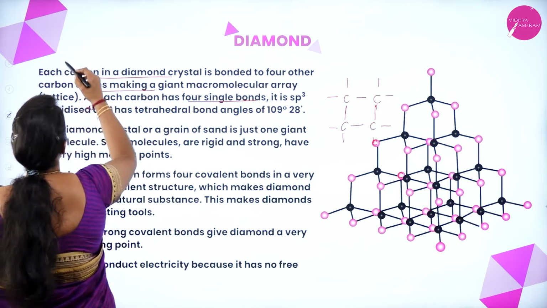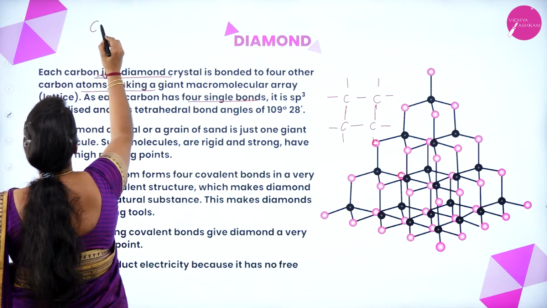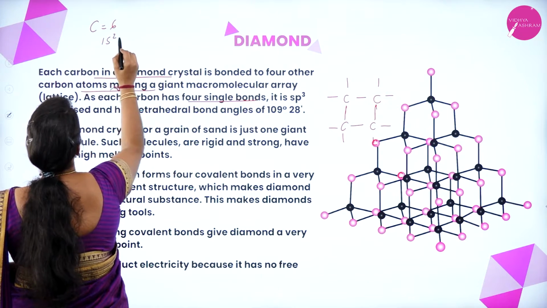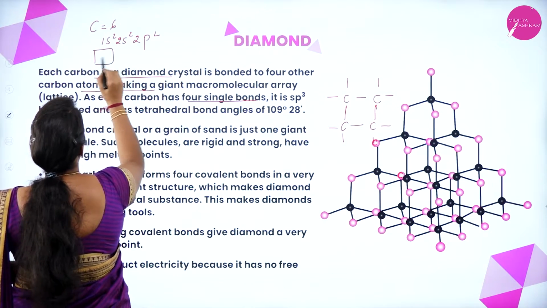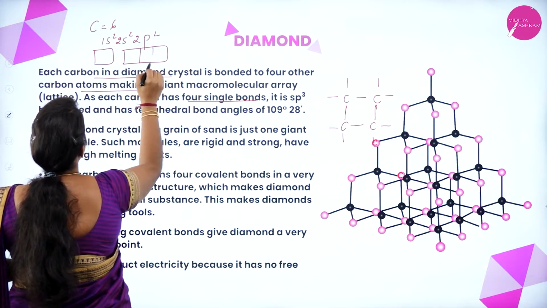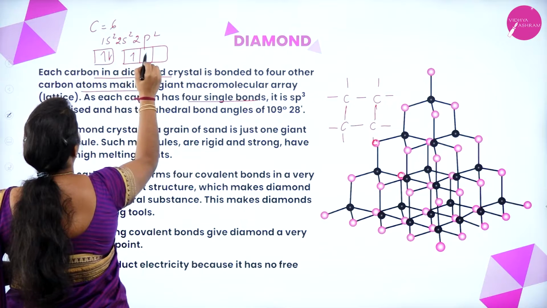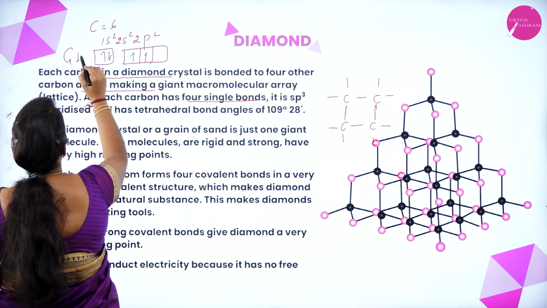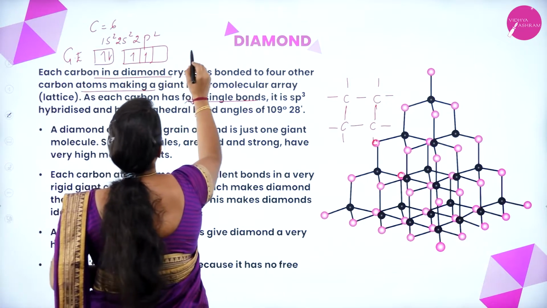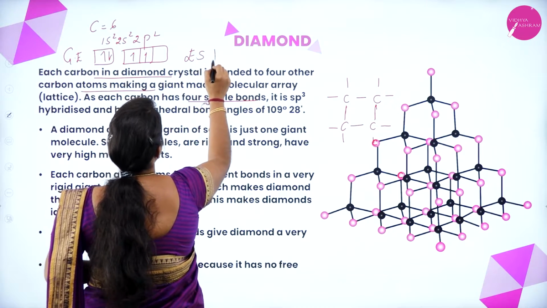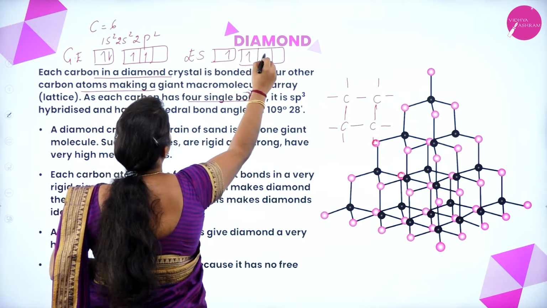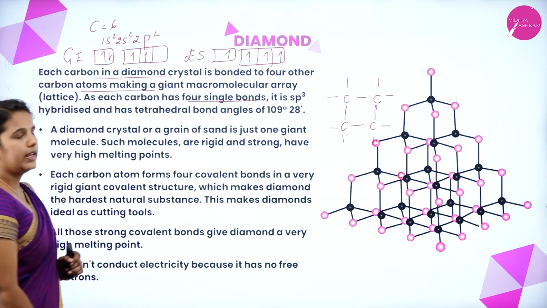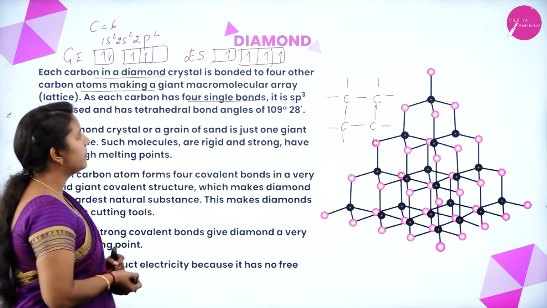If you write the electronic configuration of carbon again, it is 1s2, 2s2, 2p2. If you write the shells, then you will understand how many electrons are available in the ground state. Similarly, in the excited state also. So if you see the excited state, how many electrons become unpaired?